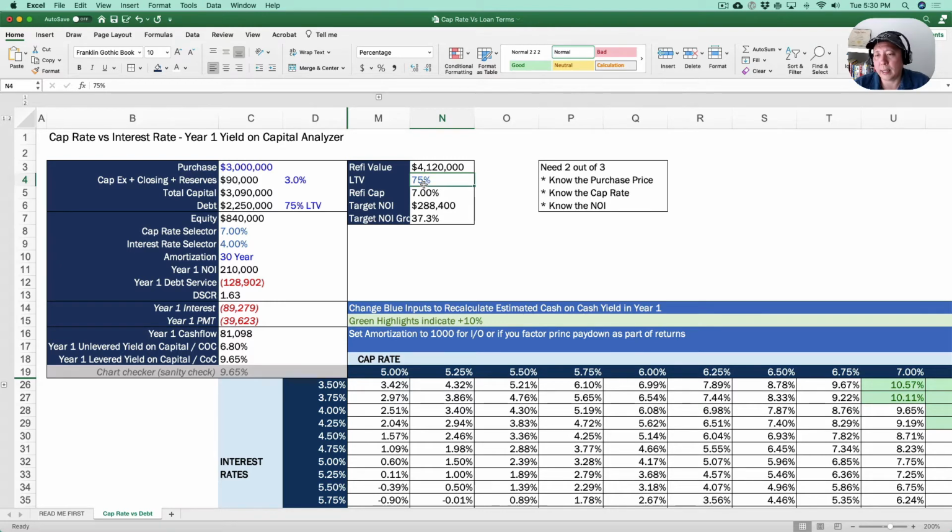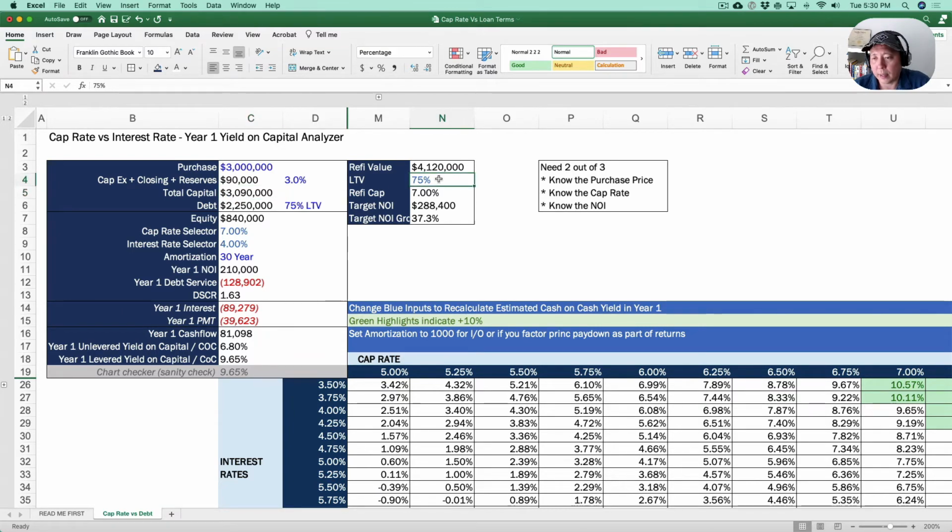We'll think that when we try to refi out of the deal, the bank will give us a 75% loan to value, which means the value has to be $4.1 million in order for us to achieve a $3,090,000 cash out refi.